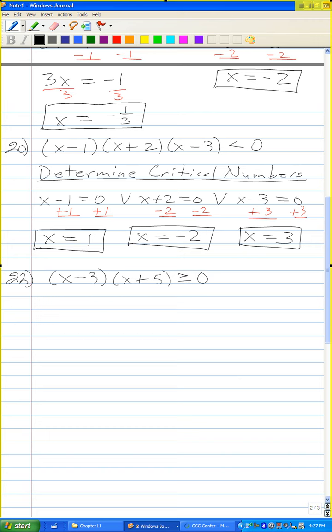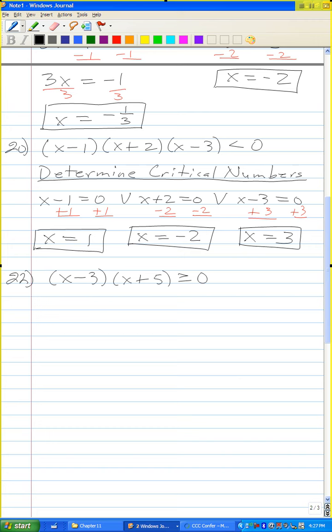In exercises 21 through 29, solve the inequality and graph the solution. So the first thing to do is to put it in standard form. It's in standard form. To write it in factored standard form, it's in factored standard form. And then determine my critical numbers.